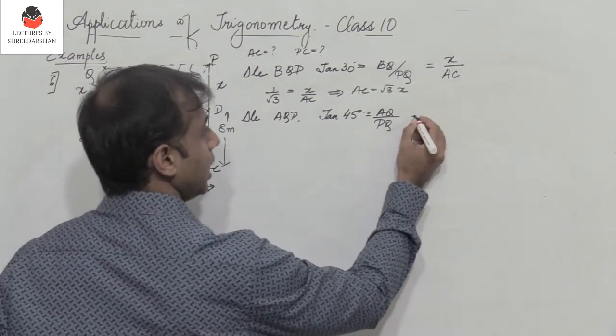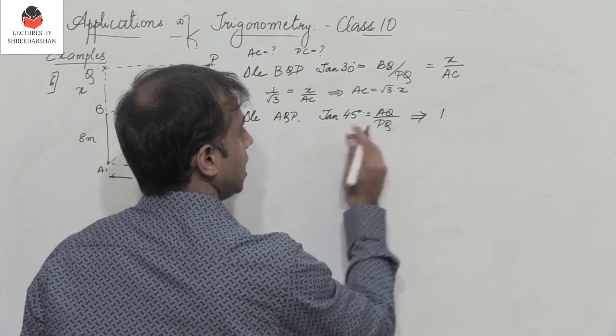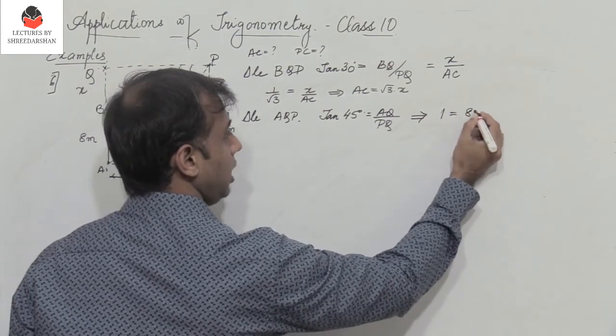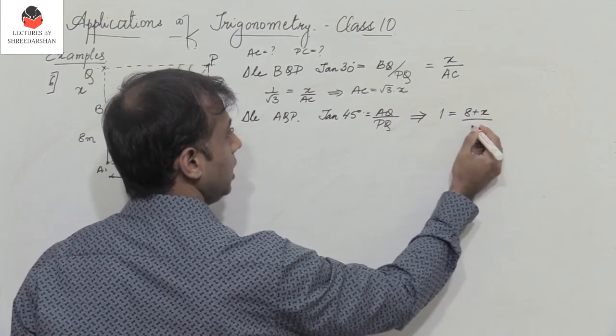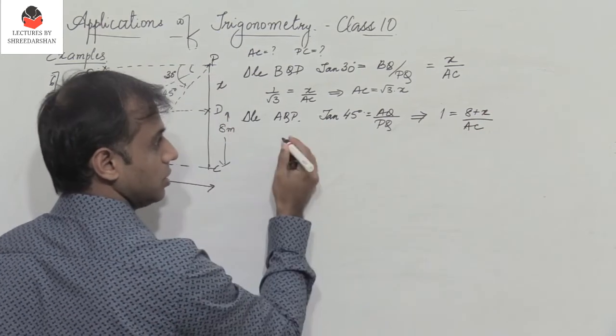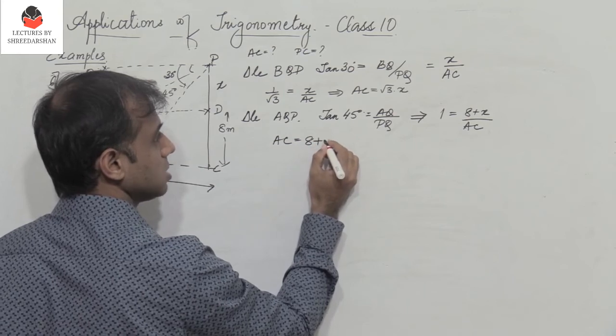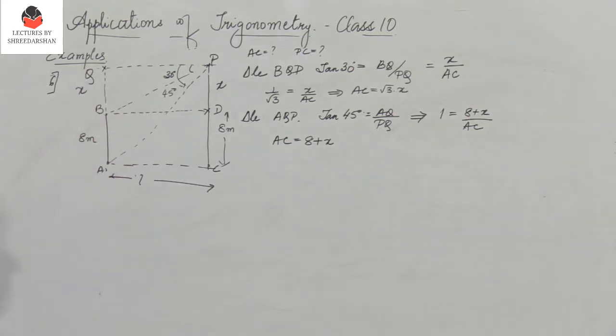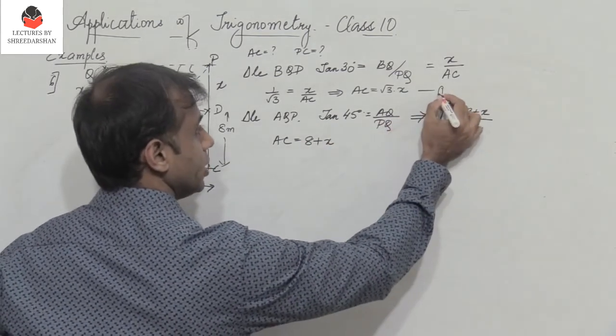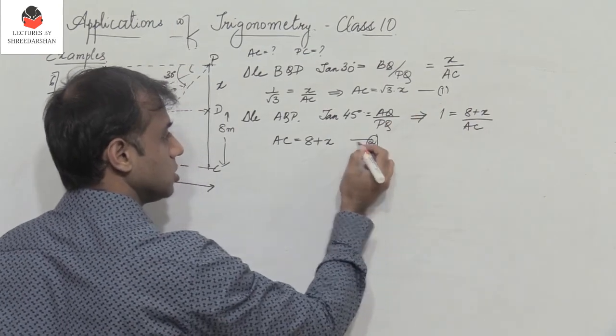So here we have tan 45 is 1, equal to 8 plus x divided by AC, right? So I have AC equals 8 plus x. So AC is 8 plus x, and also AC is root 3 x. Let me call this equation 1 and this equation 2.